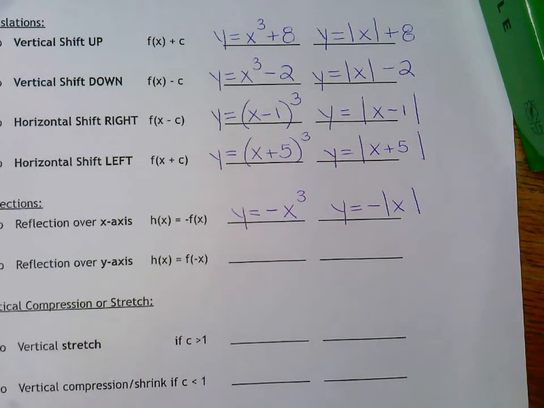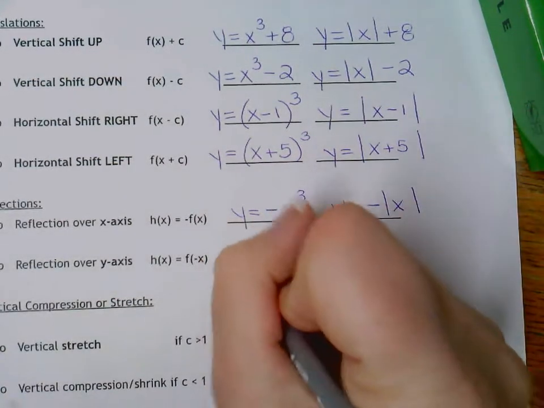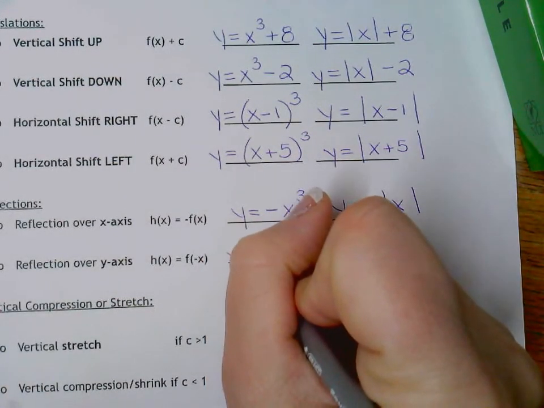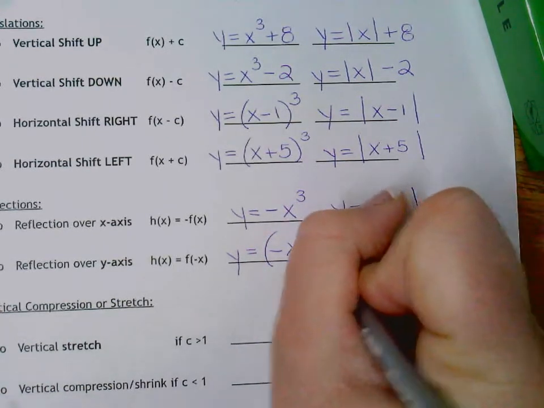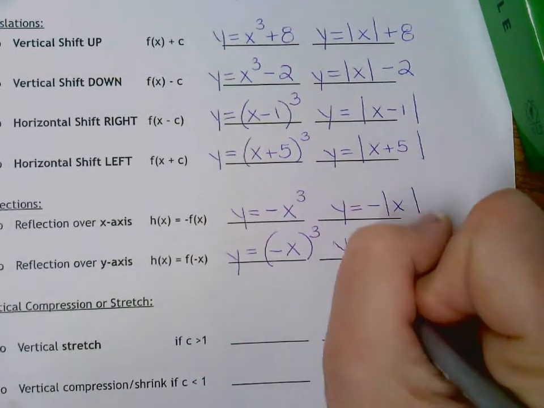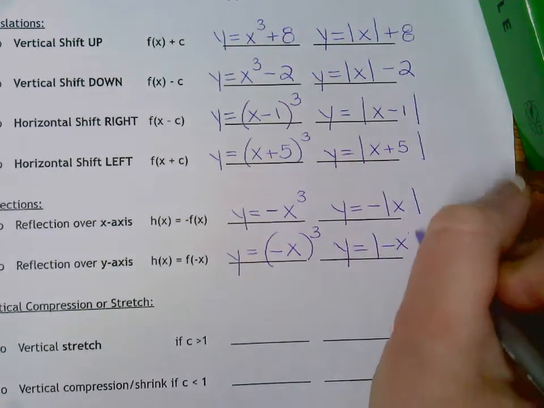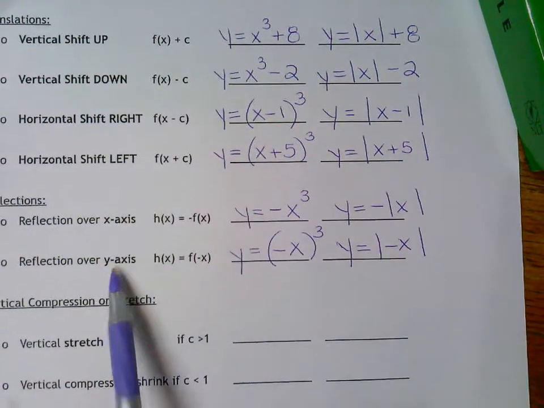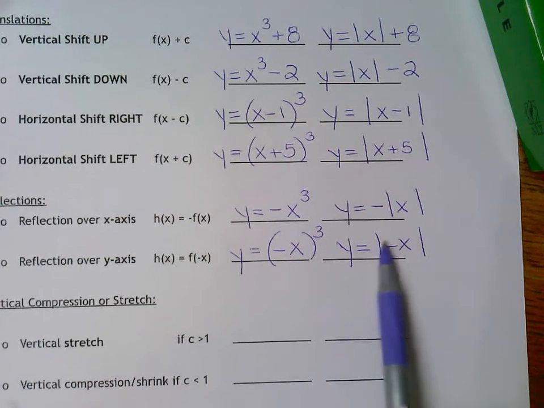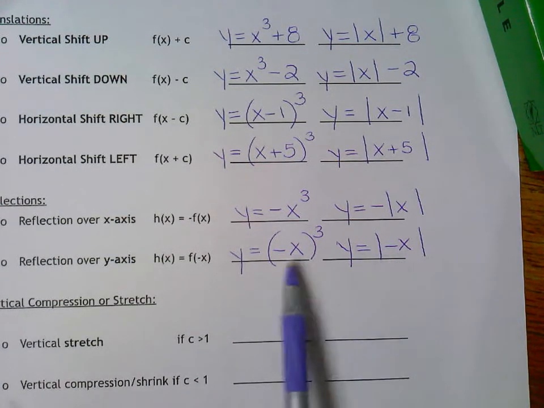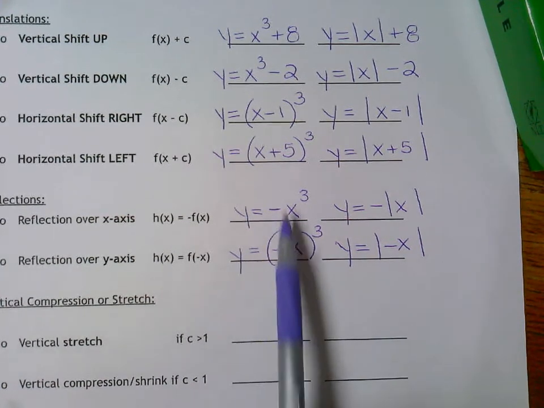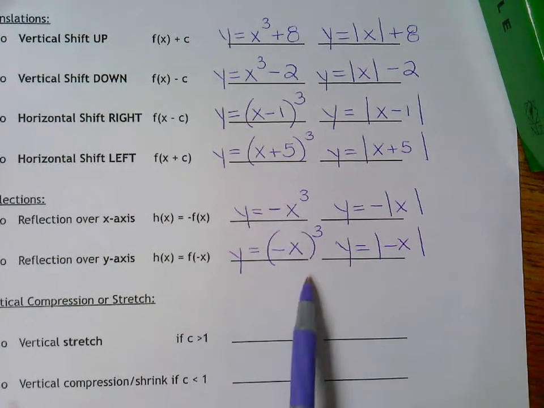If you want to reflect it over the y-axis, you actually write the negative sign inside the function, and then I would either cube it, or in this case, I'm taking the absolute value of it. Remember, this one, you're actually not going to see any transformation because this was symmetrical over the y-axis. And this one you will see the reflection, but these two are actually going to come out the same.